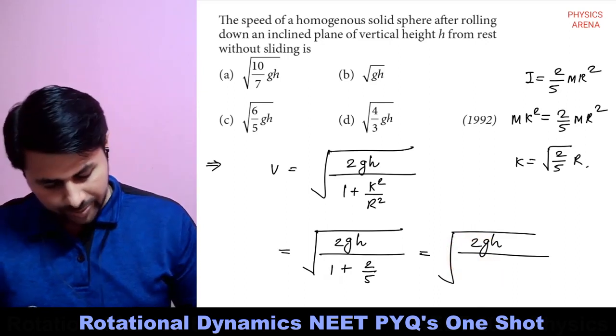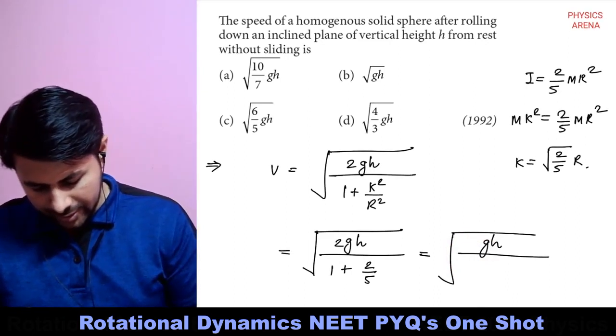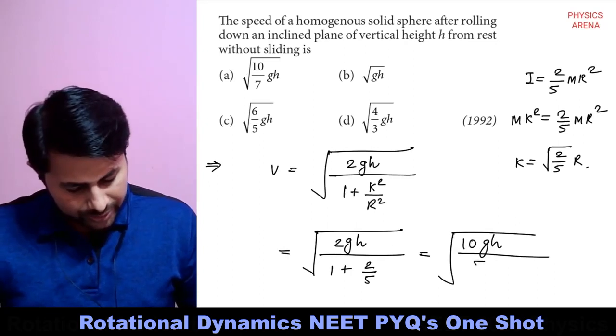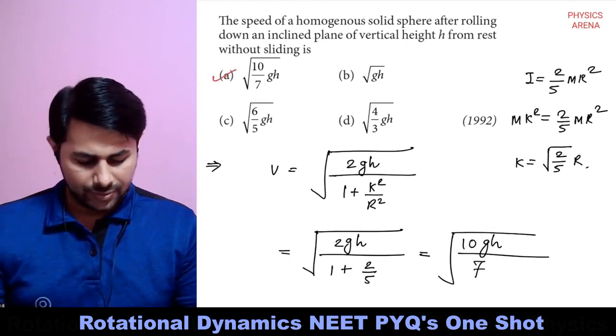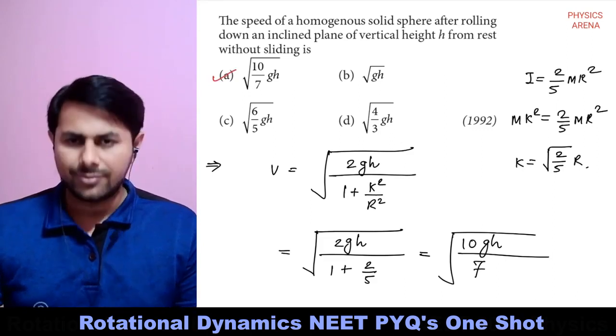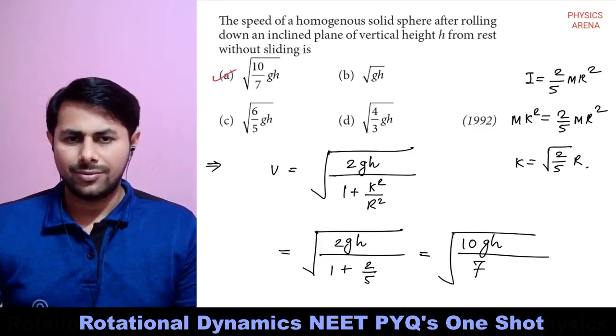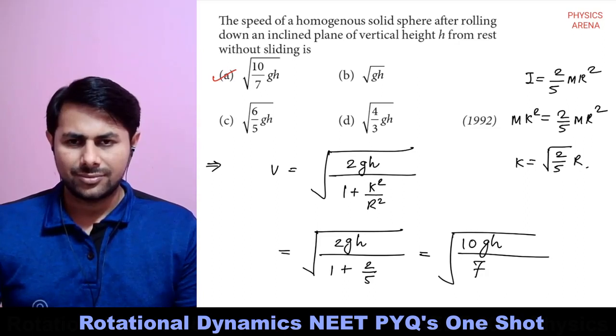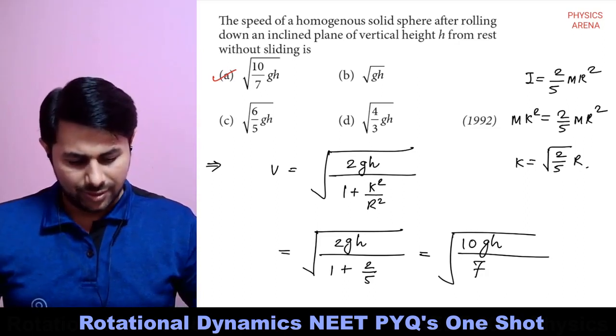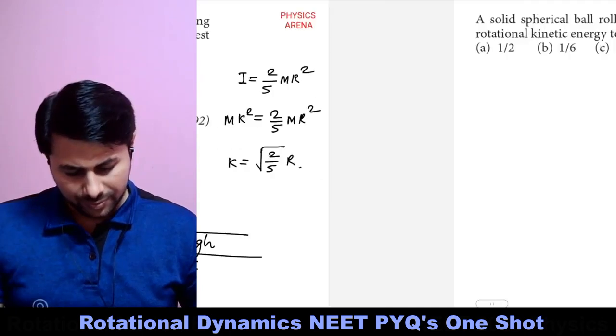So square root of 10 upon 7 gh. So option A is the answer, right? It's very simple. This is a direct question.